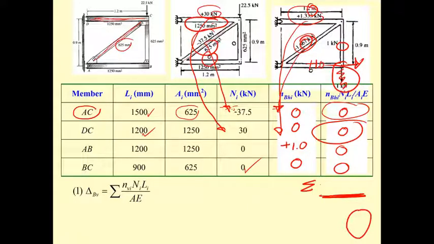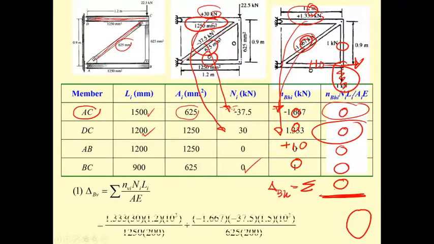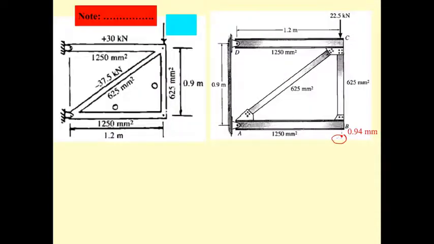So the deflection at point B in the horizontal direction is going to equal the summation of 0. So actually, what I drew here is not correct. This point has only V sub BV, but V sub BH is going to be 0.